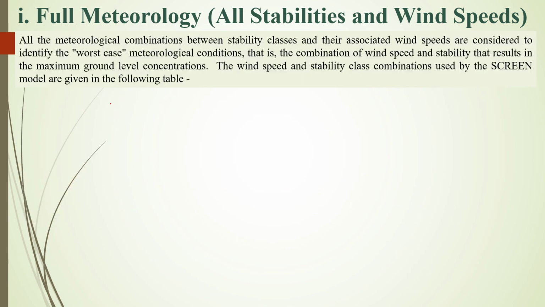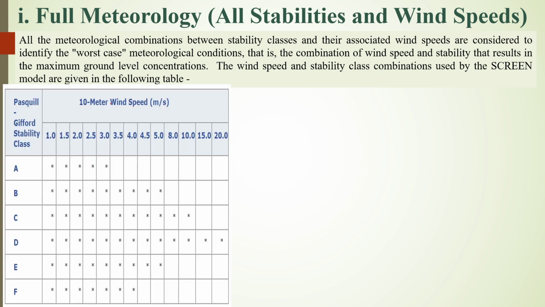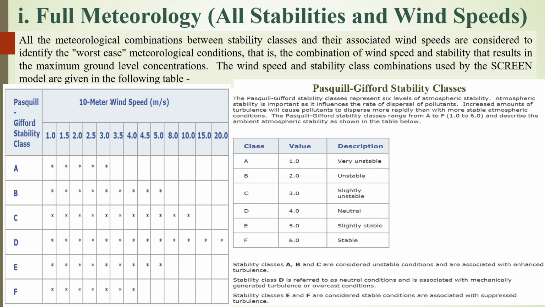All the meteorological combinations between stability classes and their associated wind speeds are considered to identify the worst case meteorological conditions, that is, the combination of wind speed and stability that results in the maximum ground level concentration. The wind speed and stability class combinations used by the SCREEN model are given in the following table.